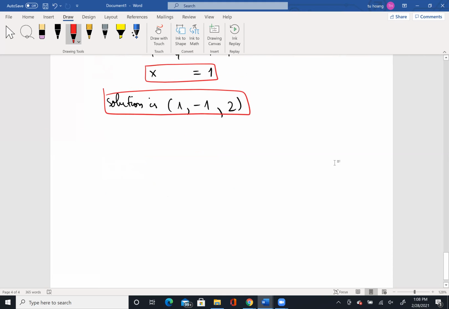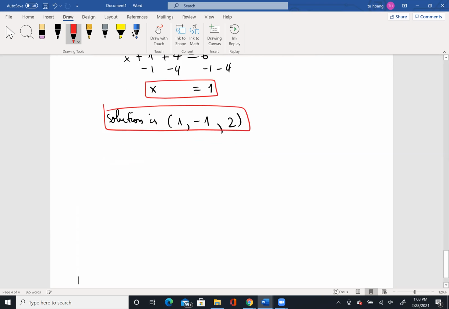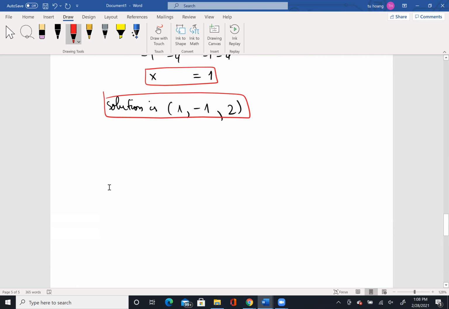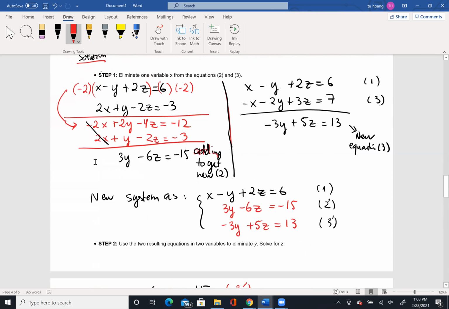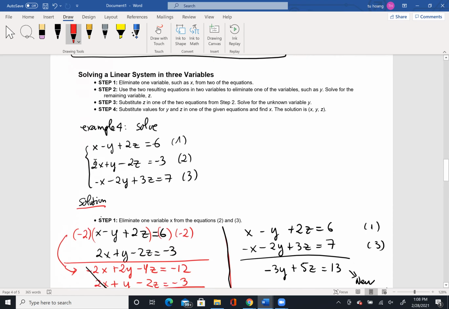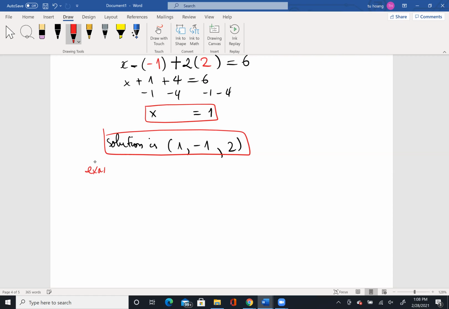Okay. So let's have another example. I believe that you need it. So I have another example over here. What example are we having now? 5, right? 4. Okay, so now it's example 5.